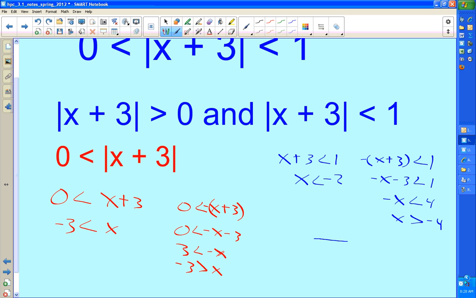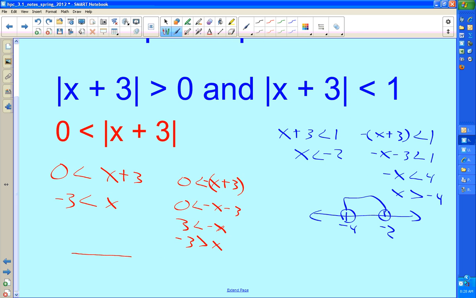So in this situation, if you're looking at it graphically, here's negative 4, here's negative 2, you would be looking at this situation. On this one, we would be looking at negative 3 going in both directions. It's everything but negative 3. What do we need to have in order to be the solution?